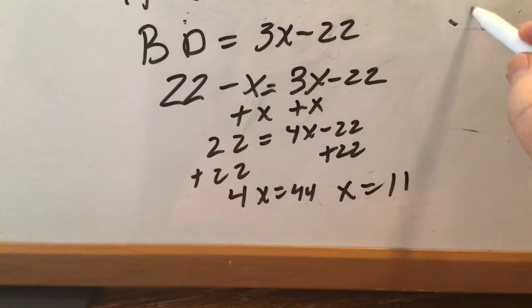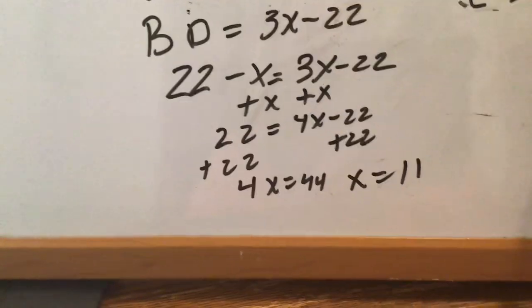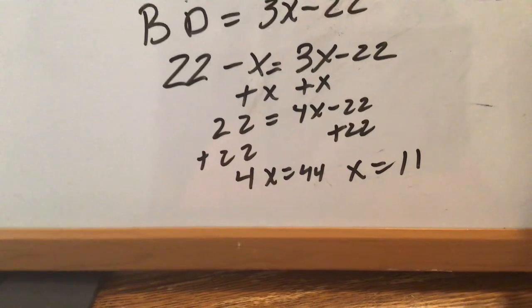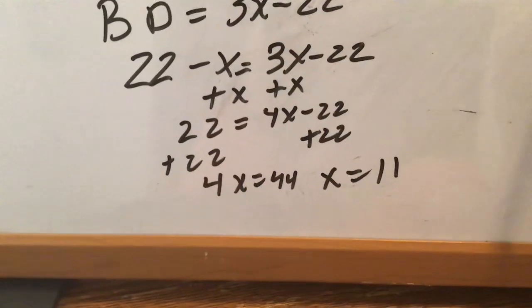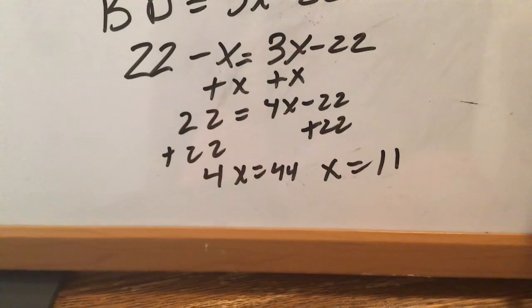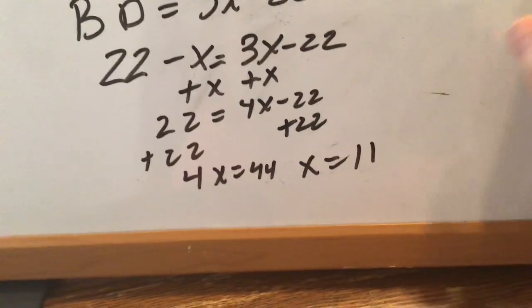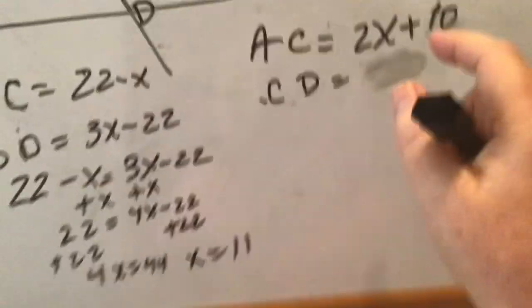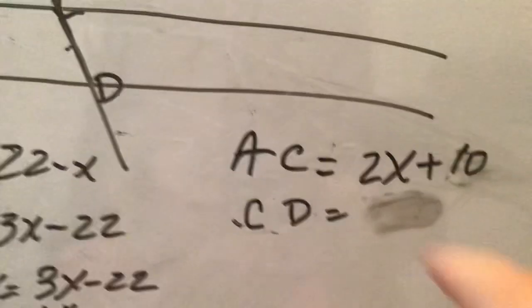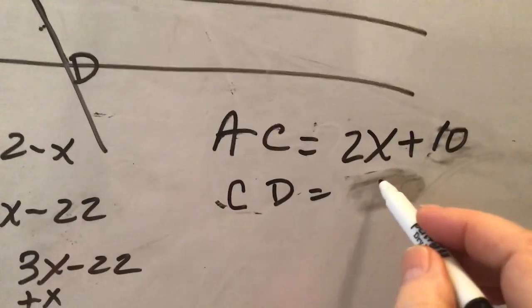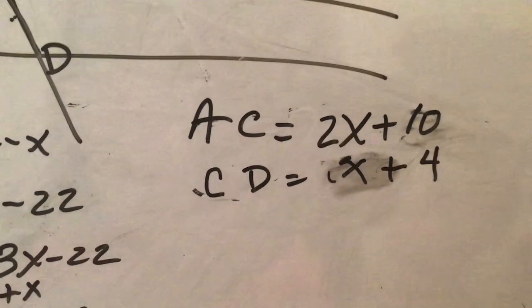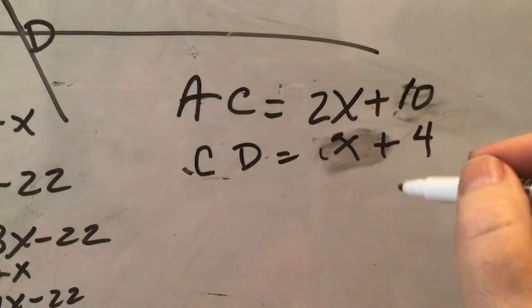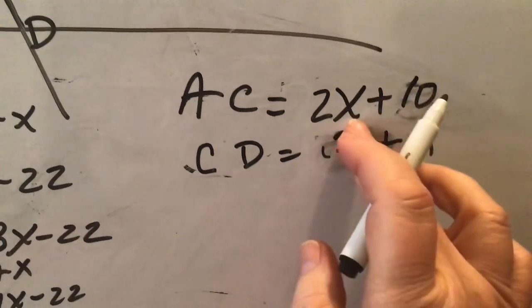And let's say CD is equal to x plus 4. Then, let's see, we can't do that.